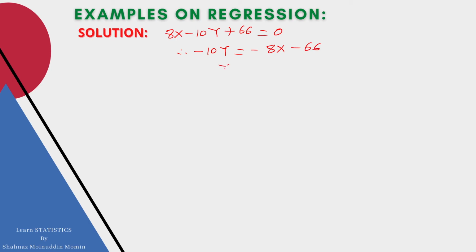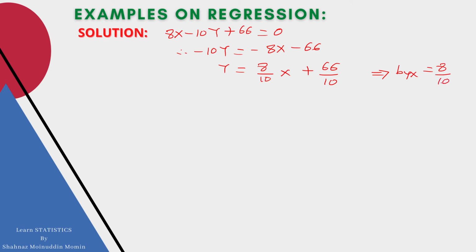Hence, I am expressing it in the regression of y on x form. So, y equal to 8 upon 10 x plus 66 divided by 10. From this equation of y on x, we get the coefficient of y on x, byx equal to 8 divided by 10.